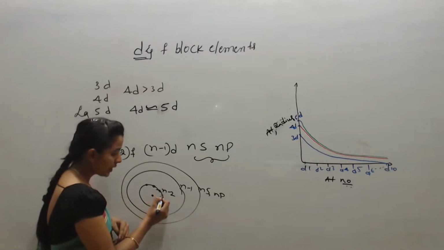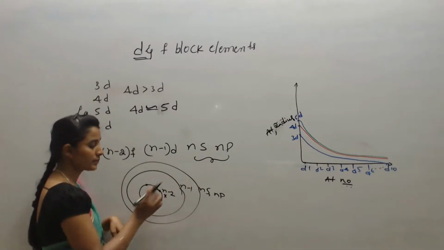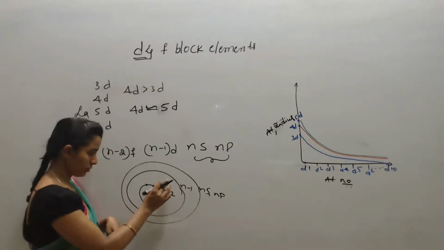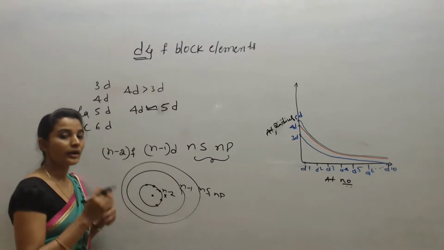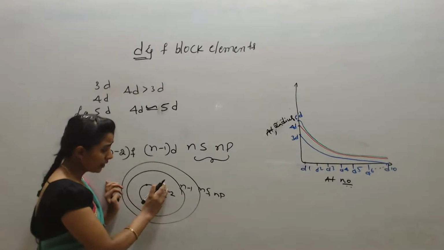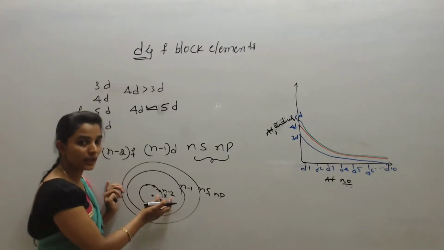Because they never repulse the incoming electrons to the d orbital and the s orbital, due to the core shielding effect.